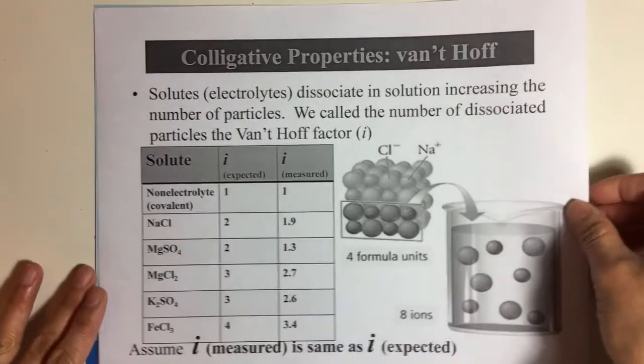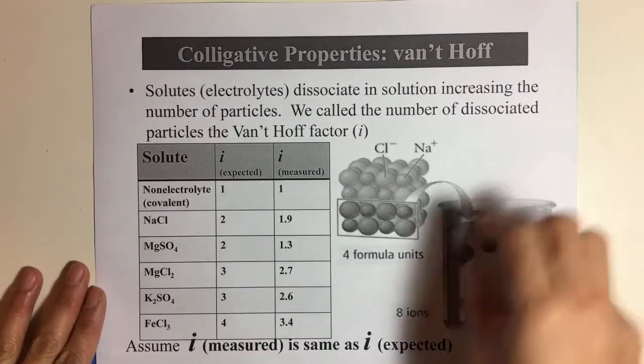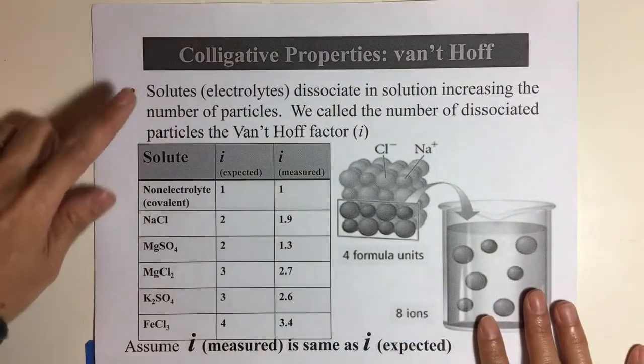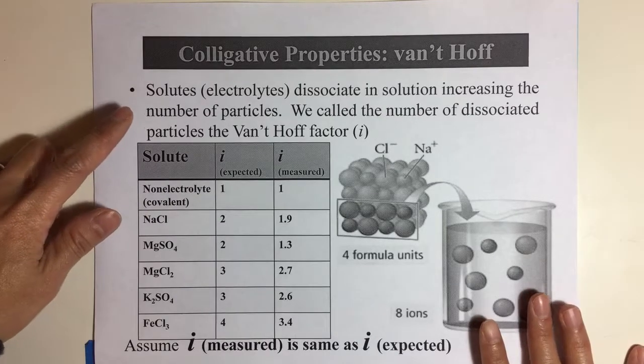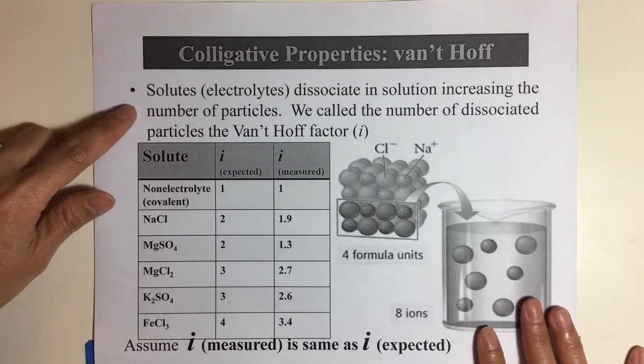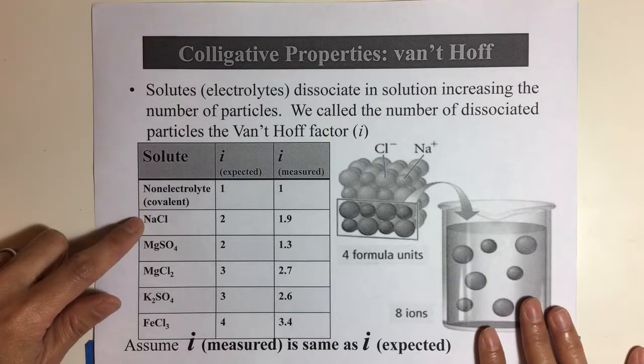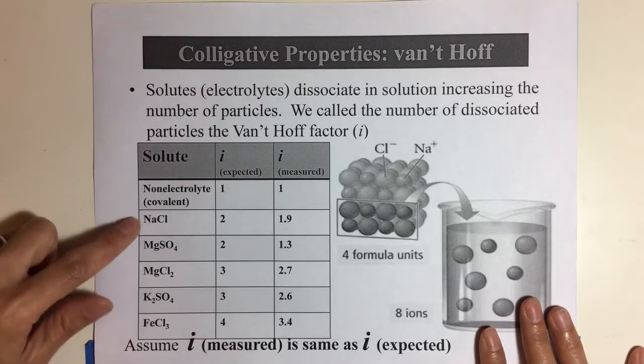So there's an idea called the van't Hoff factor. And the van't Hoff factor describes just that: how much a solute will affect a solution and its freezing point, boiling point, vapor pressure, and osmotic pressure is dependent on the solute itself, what type of particle it is.